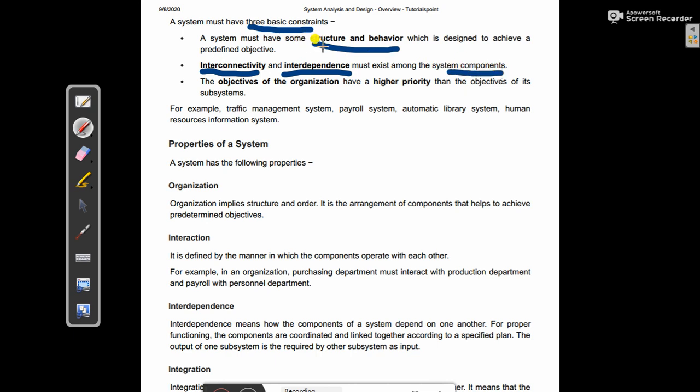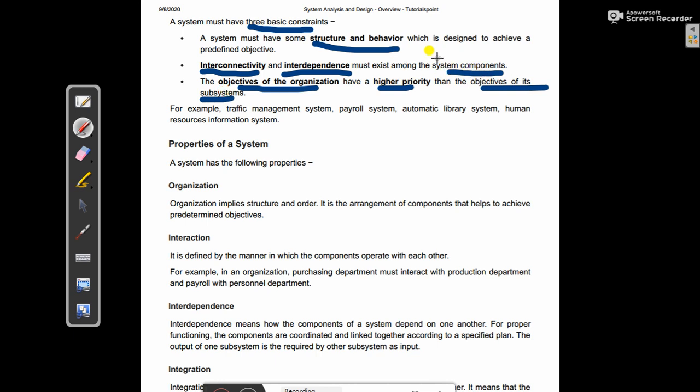It should be structured. There should be a specific behavior of a system. There should be interconnectivity and interdependency between the system components, and the objective of the organization has a higher priority than the objective of its subsystem.